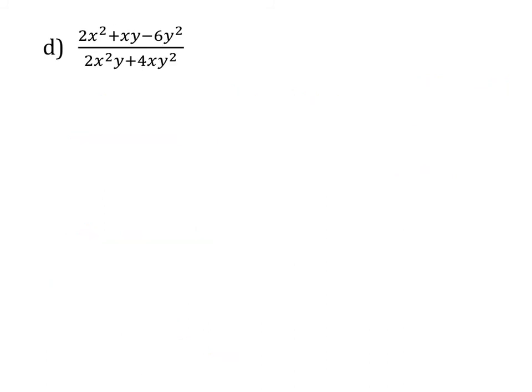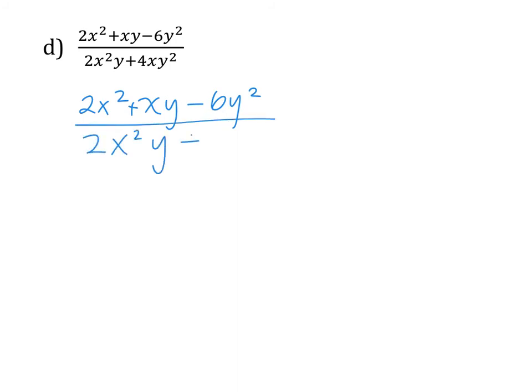Moving on to our last example, we have more than one variable, so be careful with this. Looking at this, my denominator only has 2 terms, right? So that one's going to be a lot easier to factor. 2x squared plus xy minus 6y squared over 2x squared y plus 4x y squared.